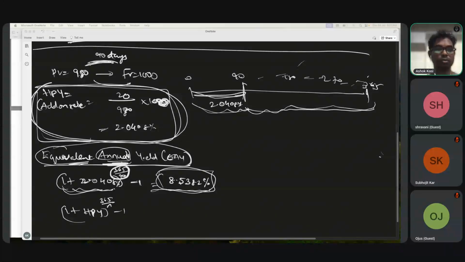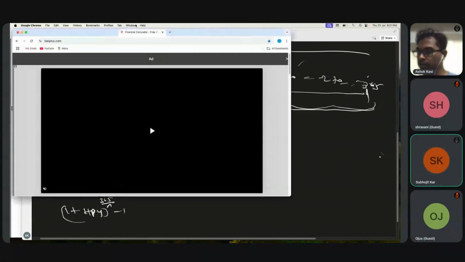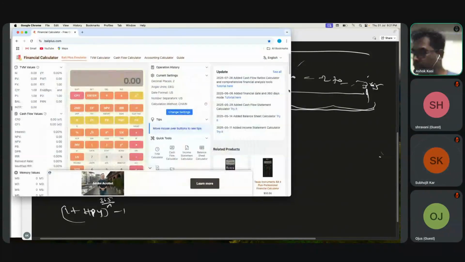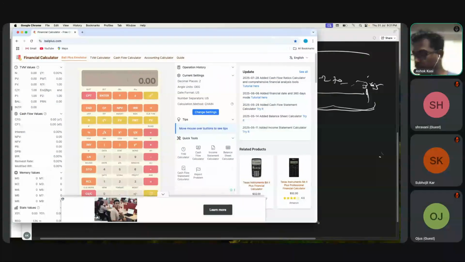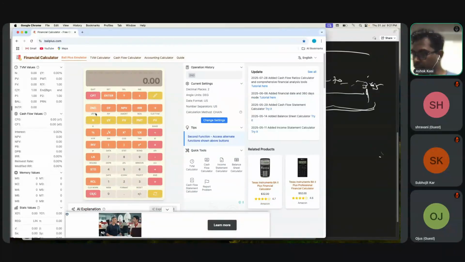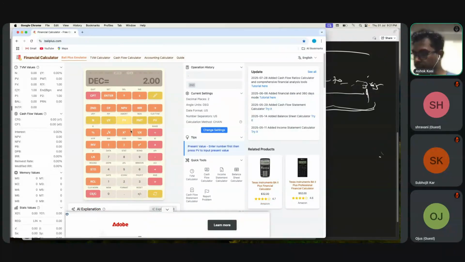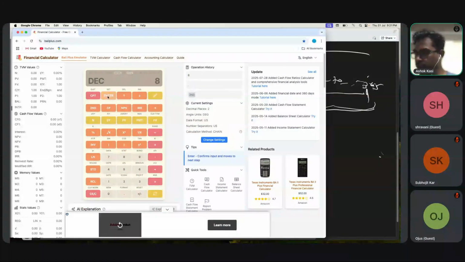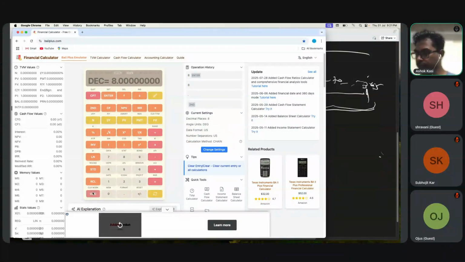So I go to this link. I tried both ways, directly and indirectly, and got the same thing again. First of all, I'll change it to 8 decimal: second format 8, enter 8 decimal.